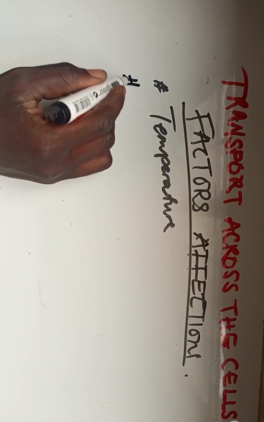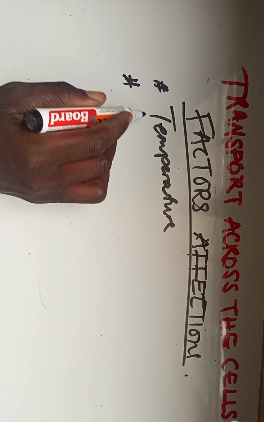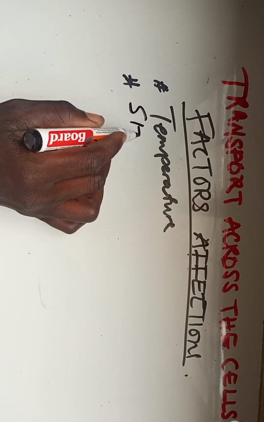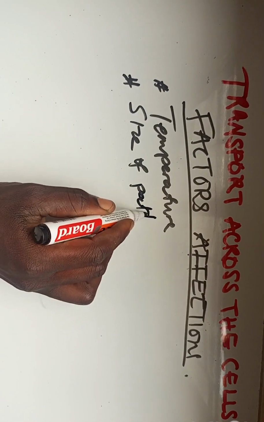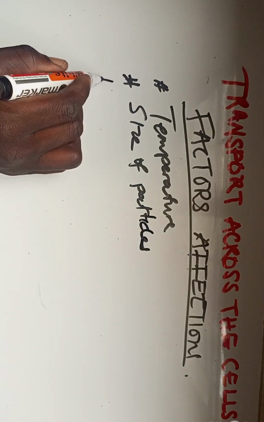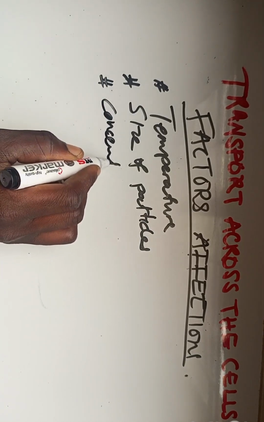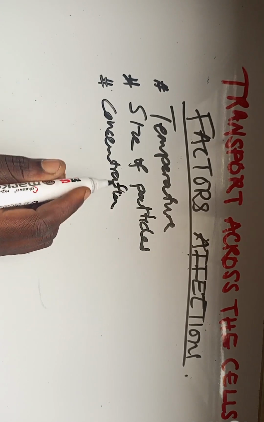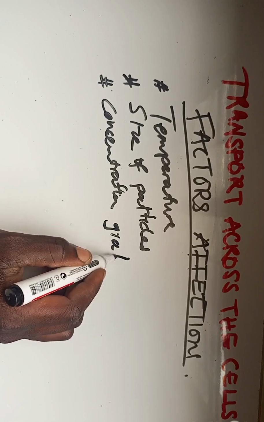Number two, let me just list all of them so that you may not waste time: size of particles. Number three, we have concentration gradient.